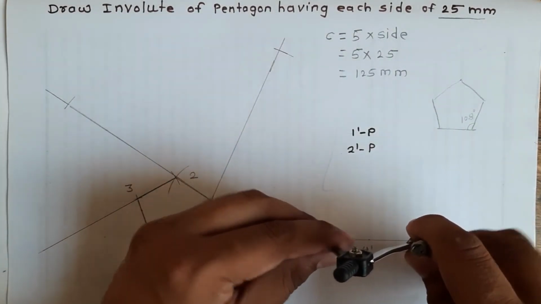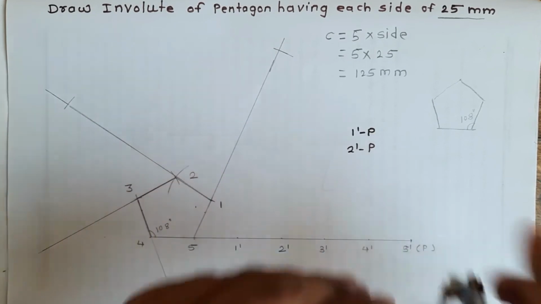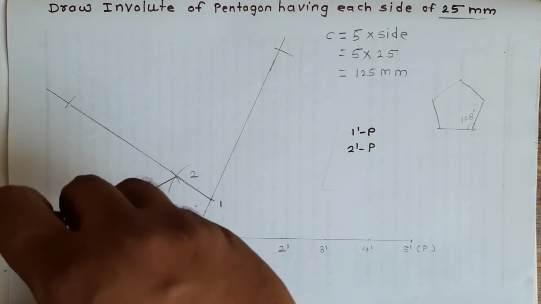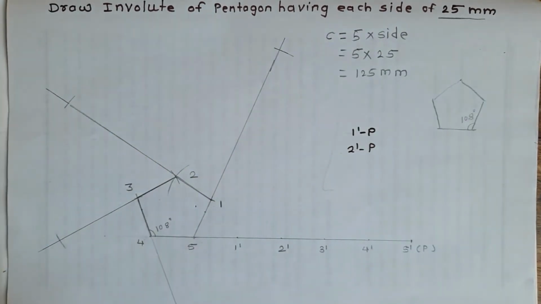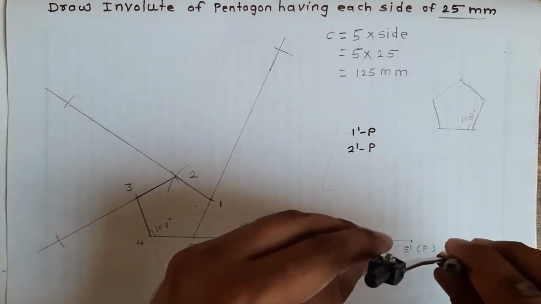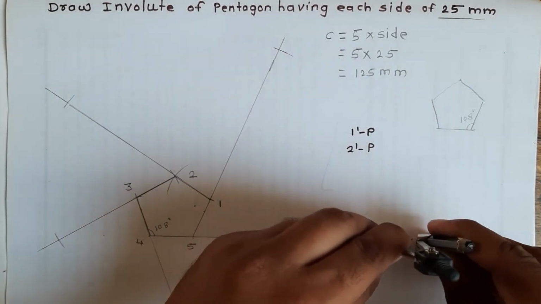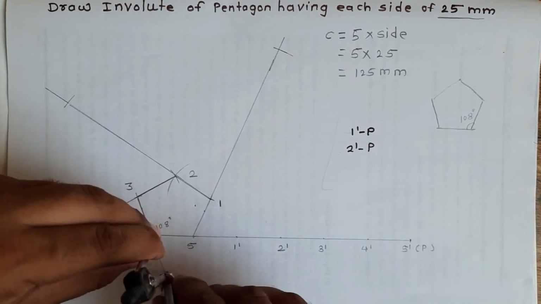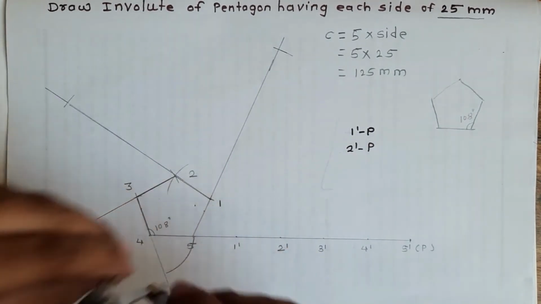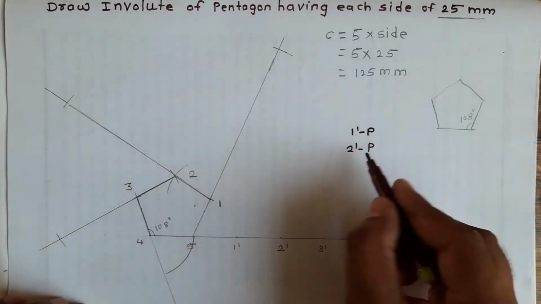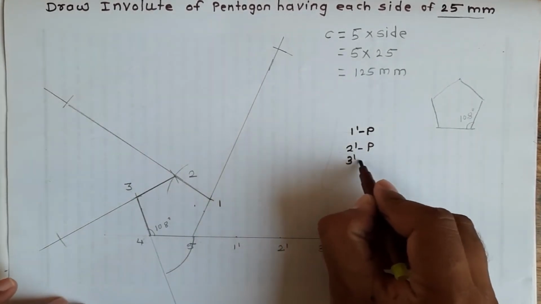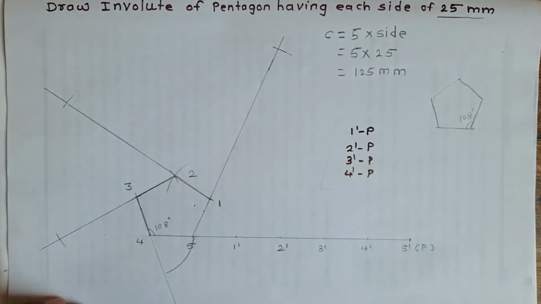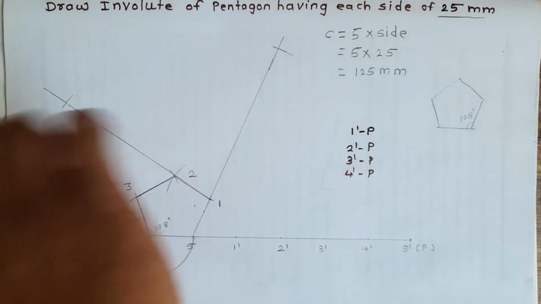Then I take the 3 dash to P distance, come to point 3 and mark on the third tangent. Next I take the 4 dash to P distance, come to point 4 and draw this. So these 4 distances I have taken and cut on the tangents.